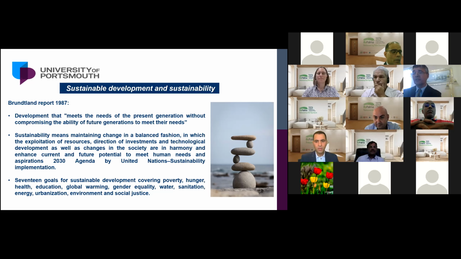There are different sustainable development goals. Whenever I do research, whenever I select materials, I talk to my colleagues about which sustainable development goals our research contributes to. Is it global warming, the environmental aspect, or the energy aspect? It is always good to think about sustainability and sustainable development when you are doing material research.